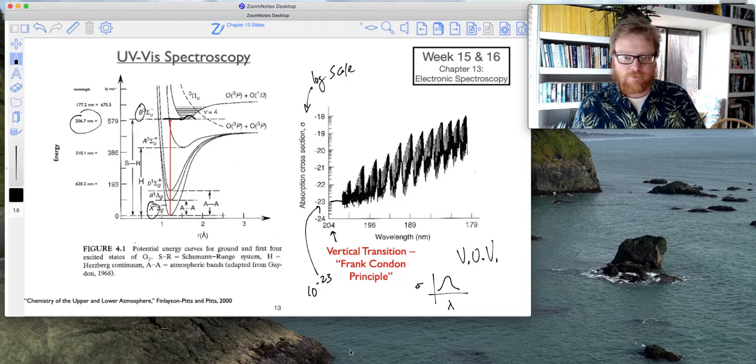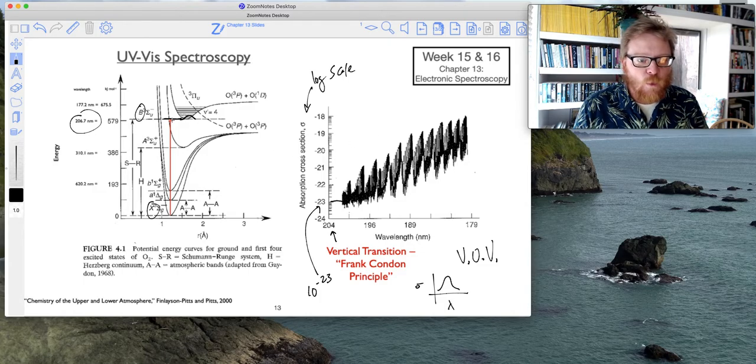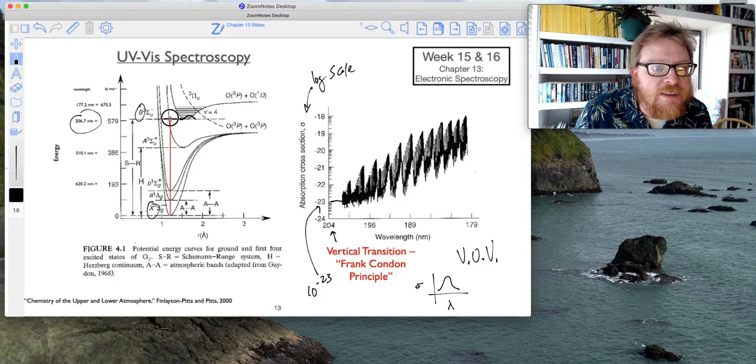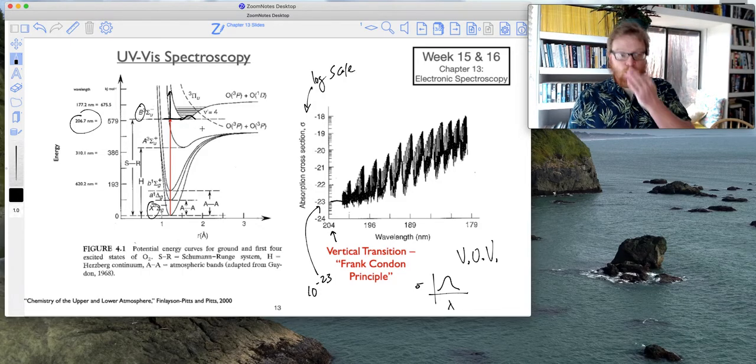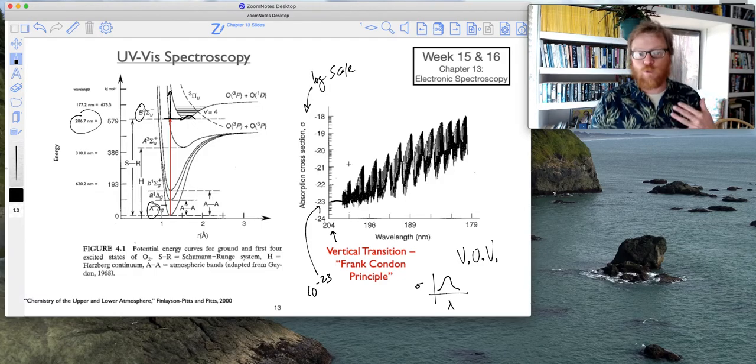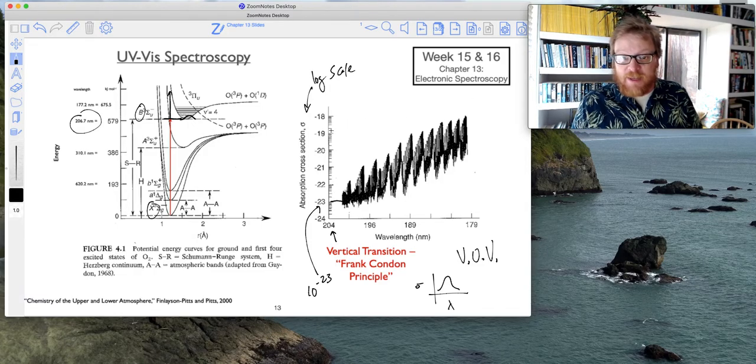Really, really small. But as we get to higher energies, which on this scale means I'm going up and up, and I'm getting closer to the potential energy surface, which means I'm having better overlap, that means I'm getting more absorption, right?